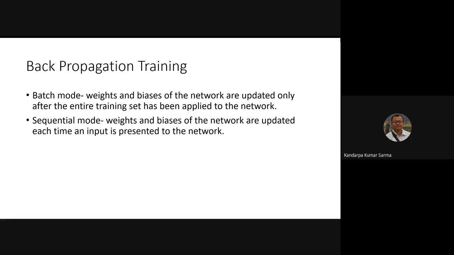These will come in a sequence, and in the sequential mode, while you feed the patterns and targets one by one, the weights and biases of the network will be modified or updated each time. So there is a difference between the two. But normally, the more common mode of training is the batch mode of training.